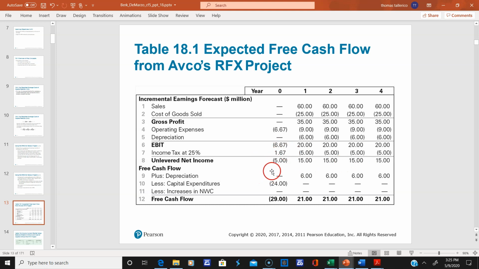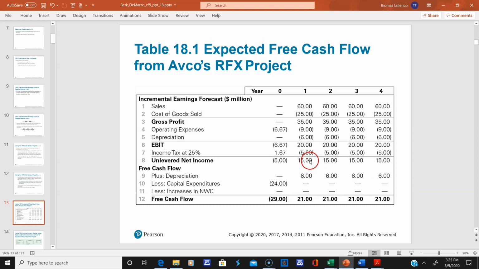Now you'll notice how the depreciation lowers your taxes here. You see how the depreciation is being used twice? It lowers your taxes, but then as far as cash flow, it's being added back to increase your cash flow. Here are your capital expenditures that were given, and here are your cash flows.